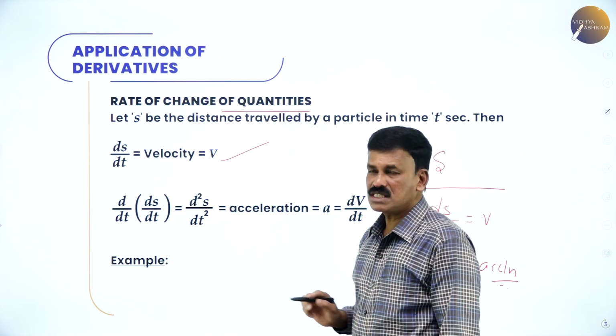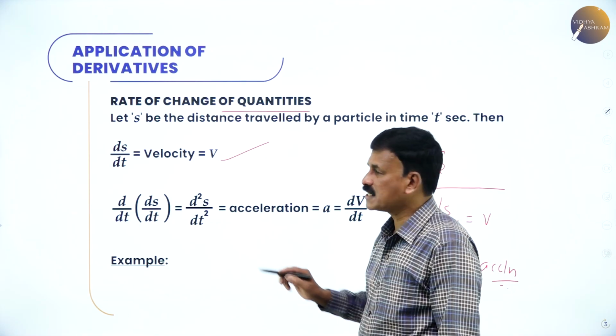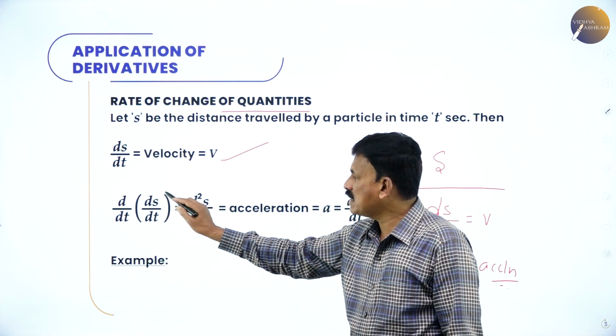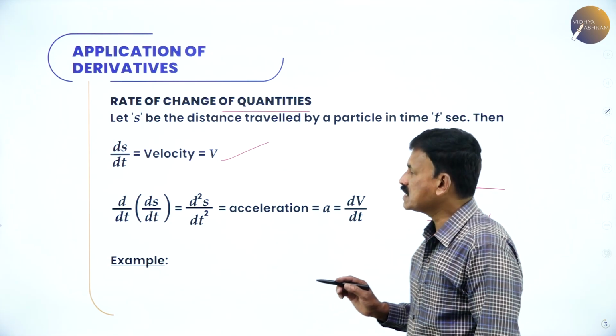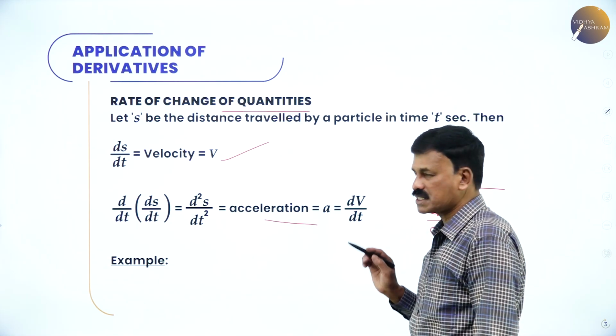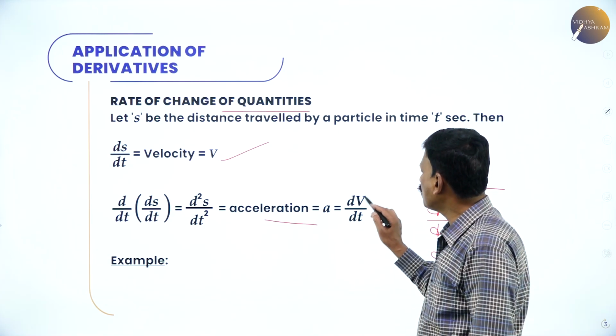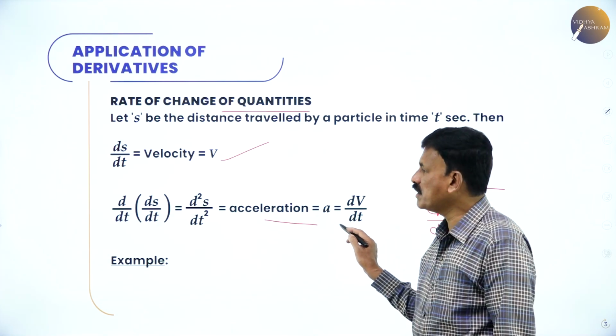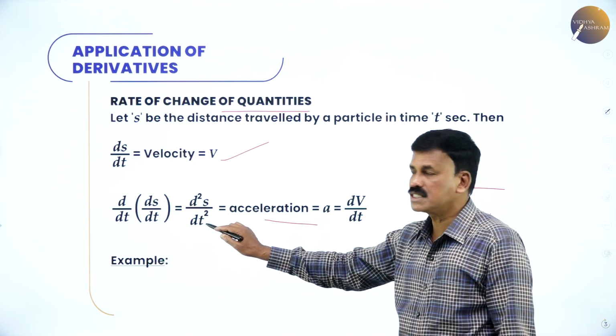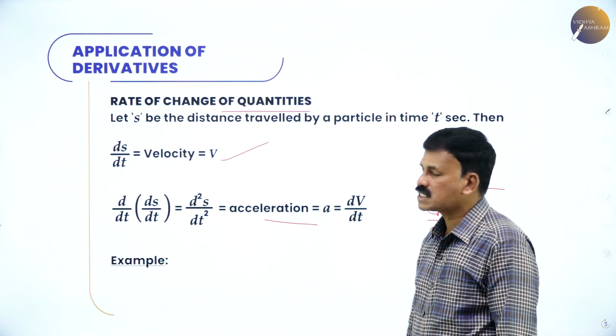If you differentiate this again, d by dt of ds by dt is equal to d square s by dt square, that is the second derivative, called the acceleration, or it is also equal to dv by dt. So the acceleration a is equal to dv by dt, that is nothing but d square s by dt square, and the velocity is ds by dt.